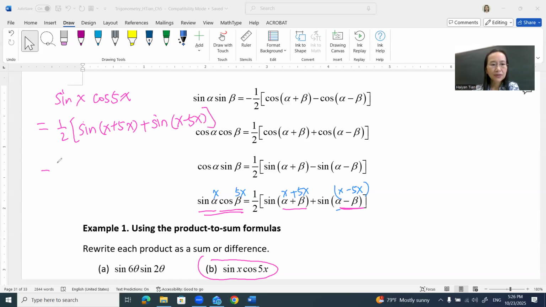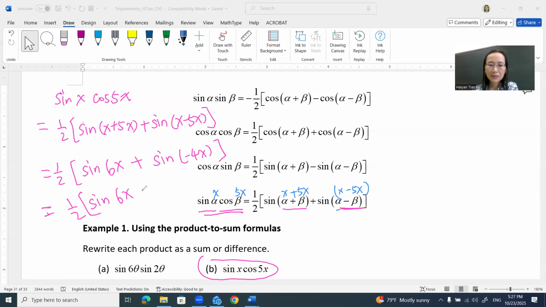Yeah, so we can just simplify it. When you add them, it's sine 6x plus sine of x minus 5x, which is negative 4x. But of course, sine is odd, so we can put a negative sign outside.